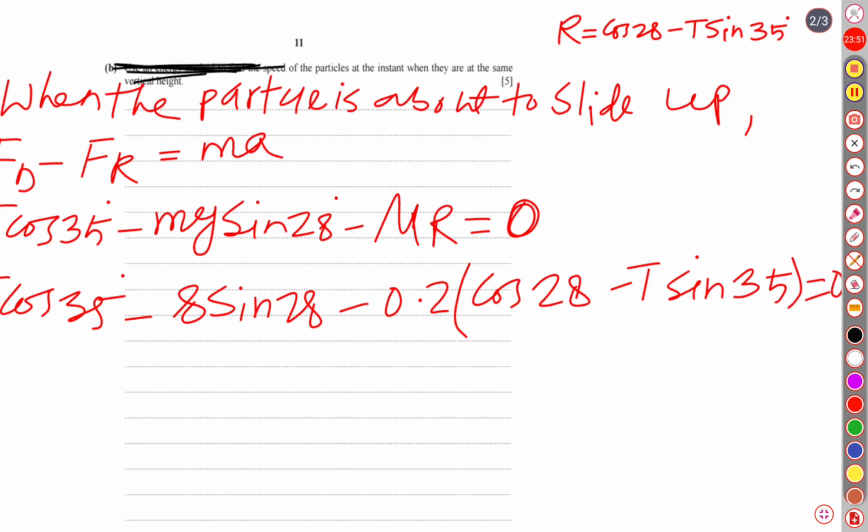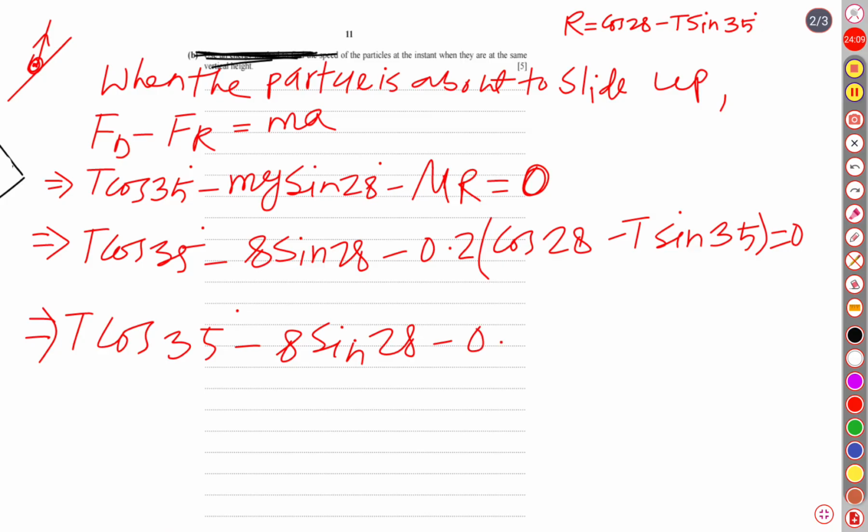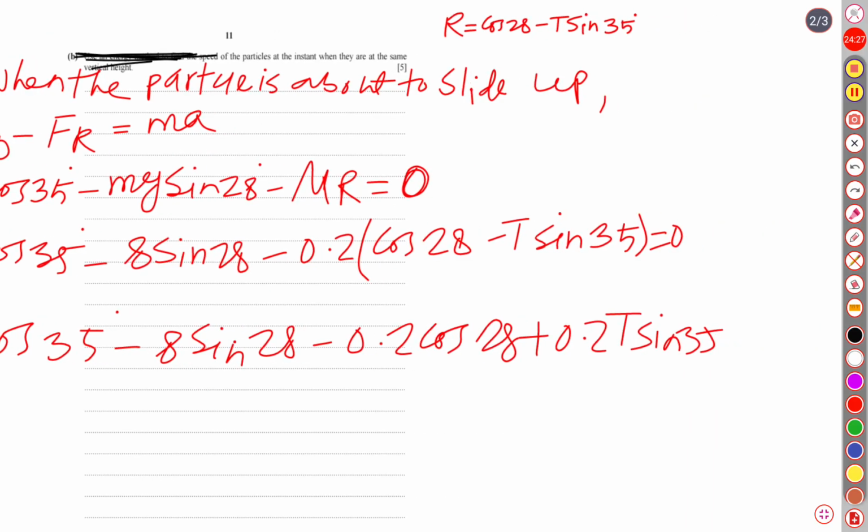So let us simplify this. If we simplify, it is going to be T cos 35 degree minus 8 sin 28 minus 0.2 times 8 cos 28 plus 0.2 T sin 35 degree is equal to 0.